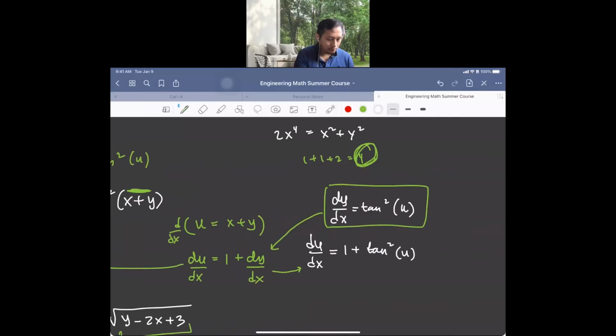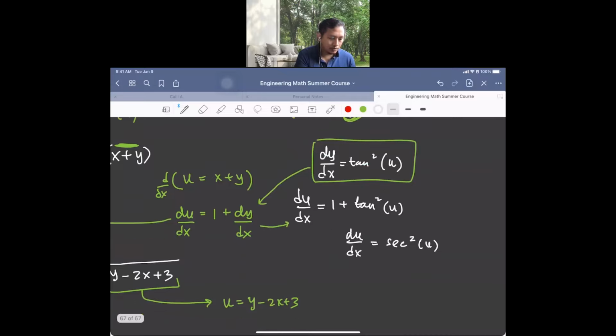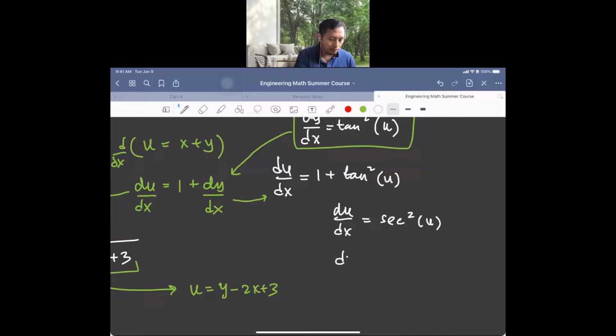And then 1 plus tangent squared is a secant squared, so we can have that as our identity as well. Secant squared. And then next maybe we can write du is secant squared u dx.